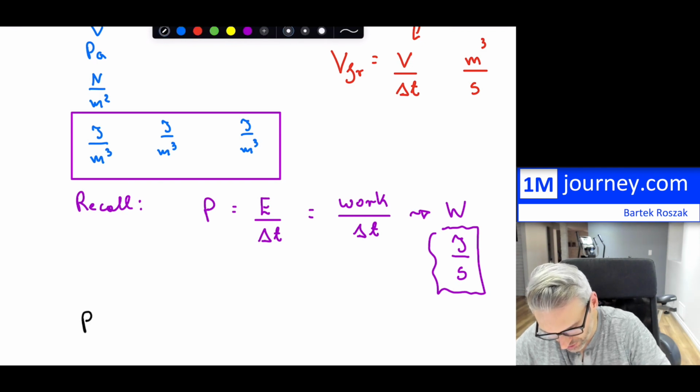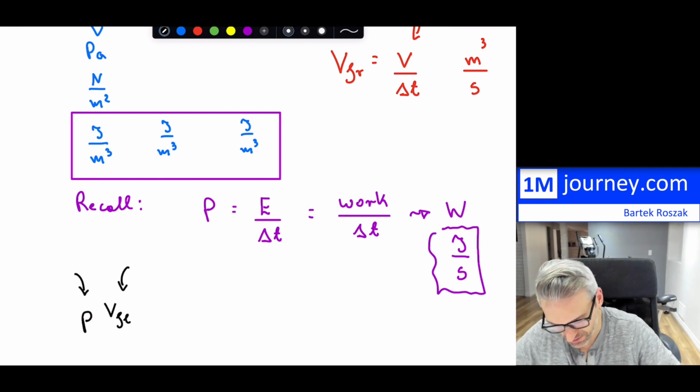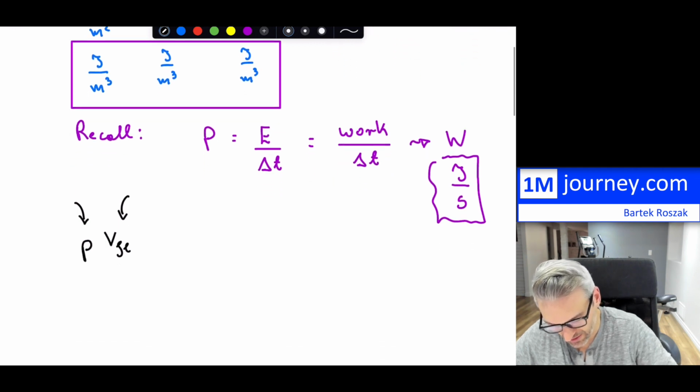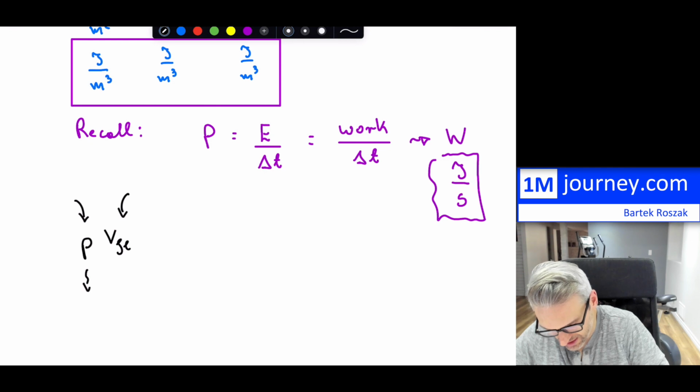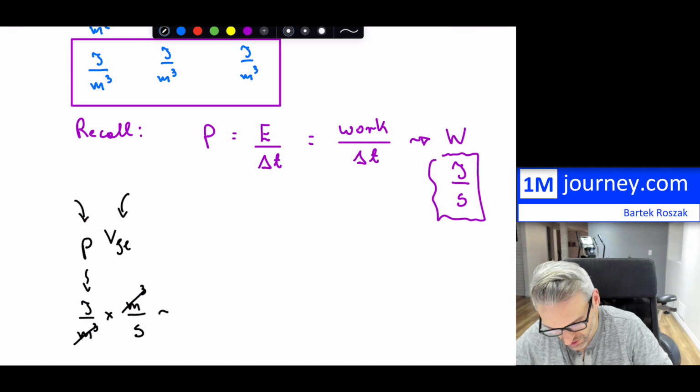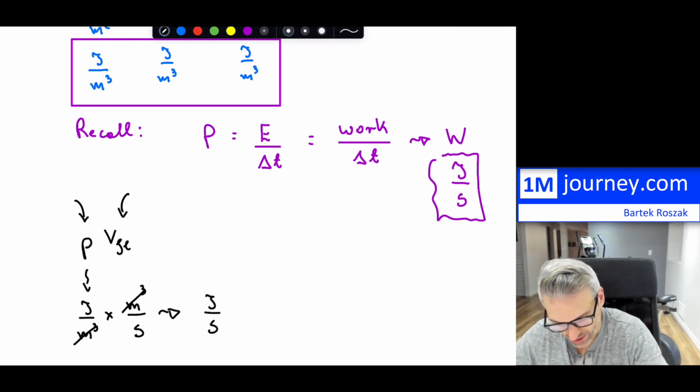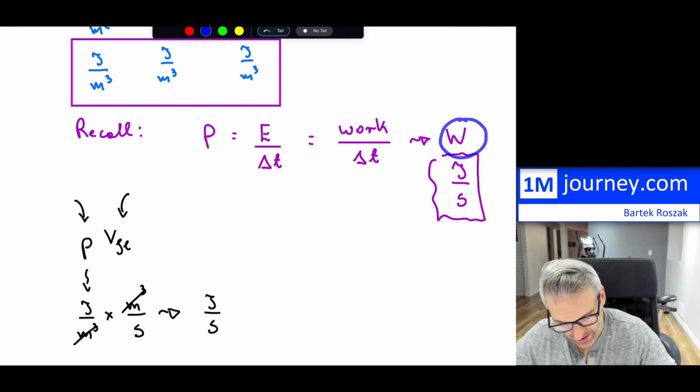If I take pressure, which is the pressure in the fluid, and multiply it by the volume flow rate, which is how much fluid is passing by per unit of time, we get joules per meter cubed multiplied by meter cubed per second. The meter cubed cancels, and what do I have? Joules per second, which is nothing else but a watt.